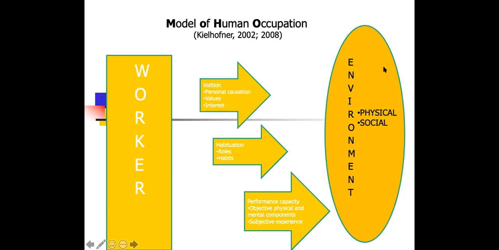And the environment also needs to be addressed. So volition is personal causation, values, and interests; habituation is the rules and habits. The performance capacity can be physical and mental components, subjective experience. The performance capacity, or what they do. So we have to take the environment into account also, the physical and the social.